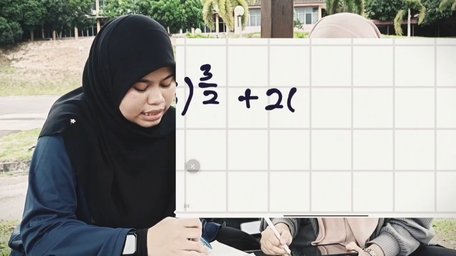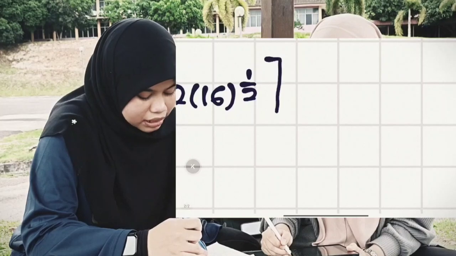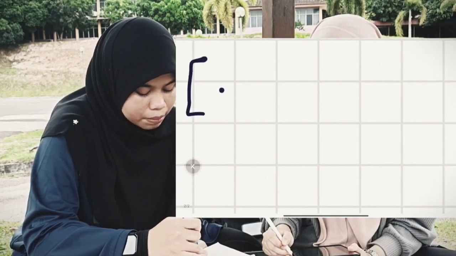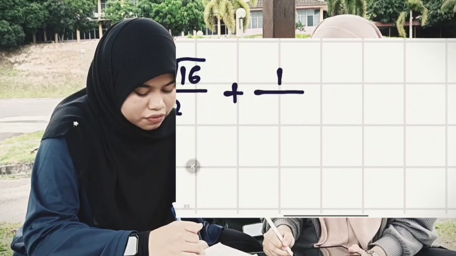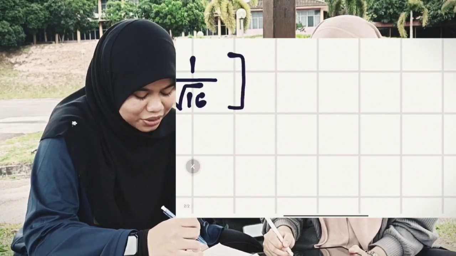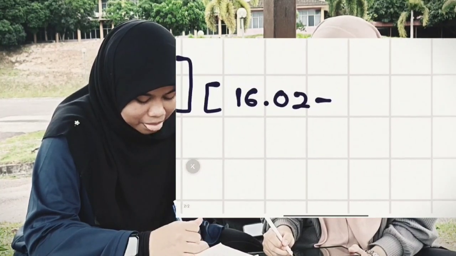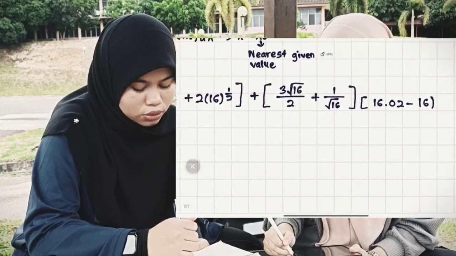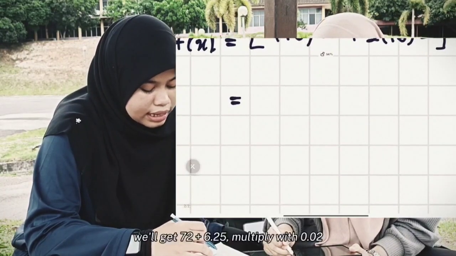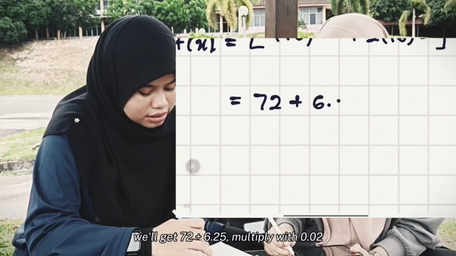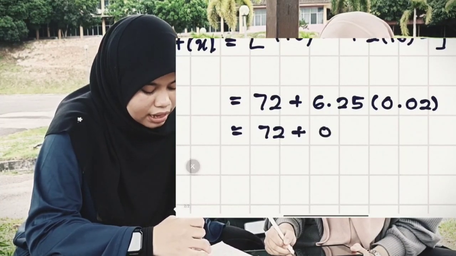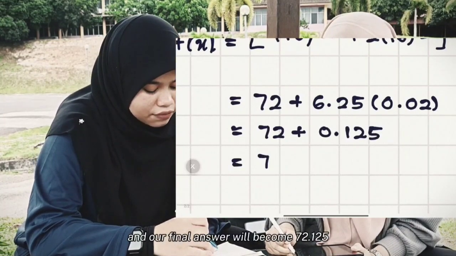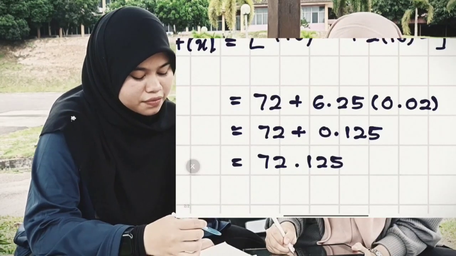You will get 16 power 3 over 2 plus 2 root 16 plus 3 root 16 over 2 plus 1 over root 16, multiply with 16.02 minus 16. We will get 72 plus 6.25 multiply with 0.02, and our final answer will become 72.125. Oh, now I get it.